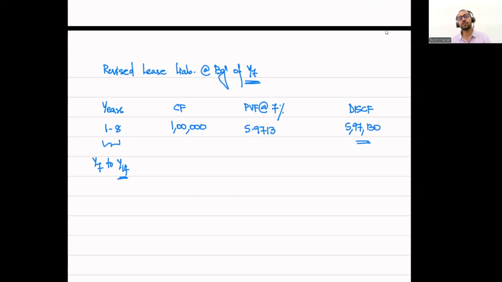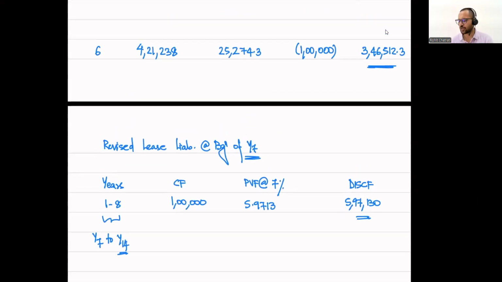All right, as a result of extension of the contract, my revised lease liability has been calculated as 5,97,130. In my books of accounts, I have a lease liability of 3,46,512. This time I have to increase my lease liability from 346 to 597.